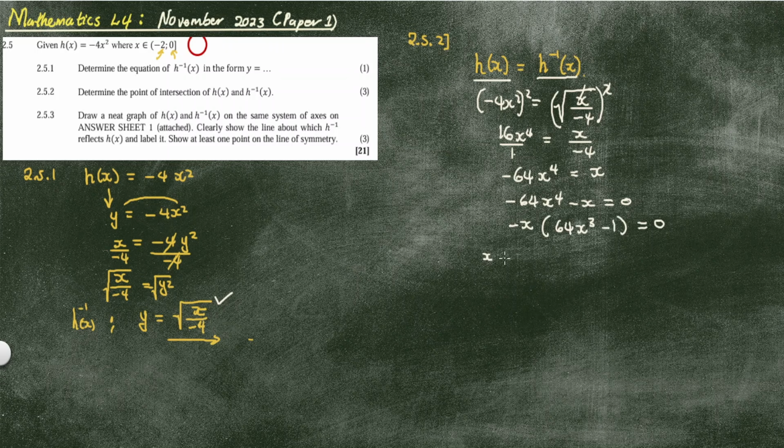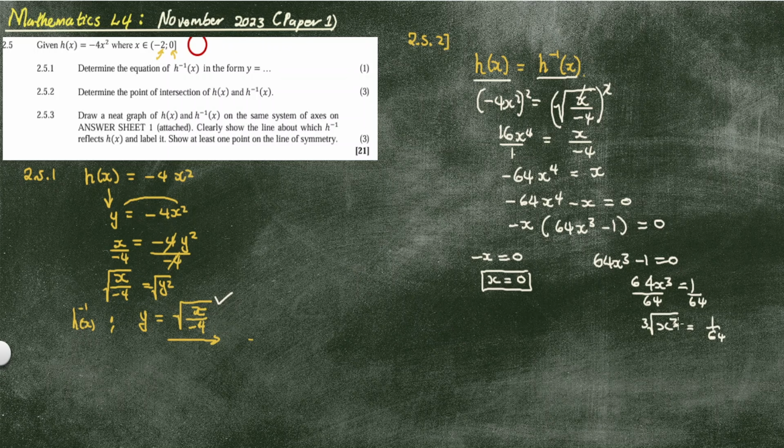So the first x is going to be equal to 0. That's the first x value. And then what's the next one? We take 64x cubed minus 1 equal to 0. 64x cubed is equal to 1, and dividing both sides by 64, x cubed is 1 over 64.